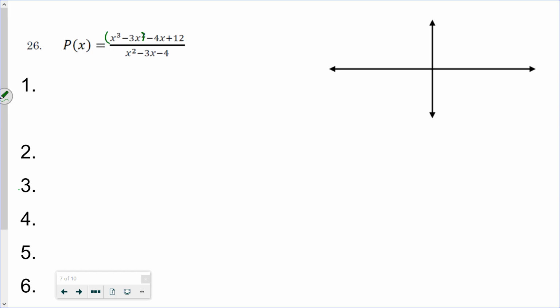So I can group these together. The left side has a common factor of x squared, so I have x squared times x minus 3. So if I factor it out, x cubed minus 3x squared, that's one group, plus -4x plus 12, that's the other one, all over x squared minus 3x minus 4.